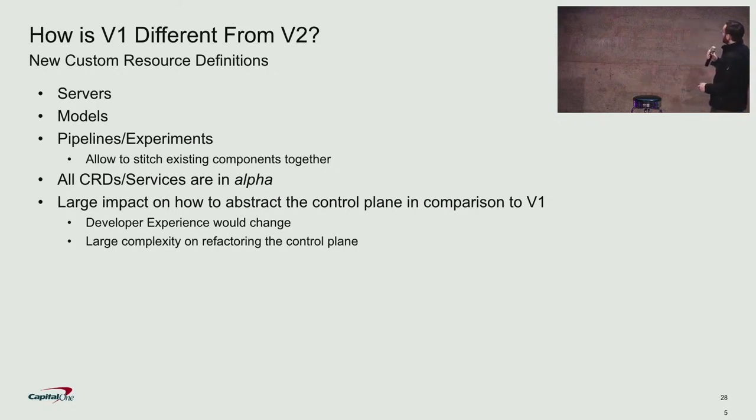The CRD APIs are still technically in alpha, but the V2 offering from Seldon has since gone GA. And this change in the custom resource definitions has a large impact on our control plane and how those abstractions are developed.